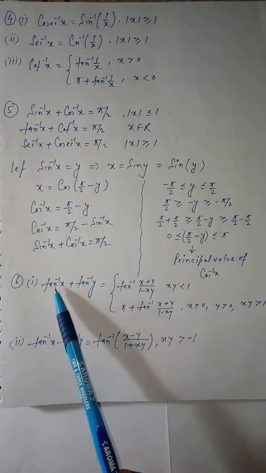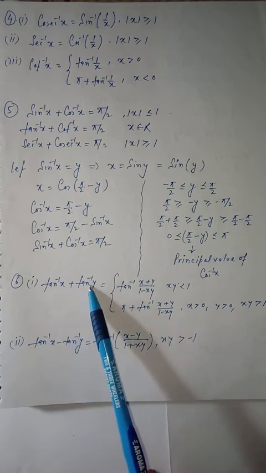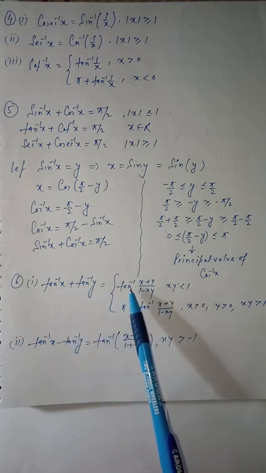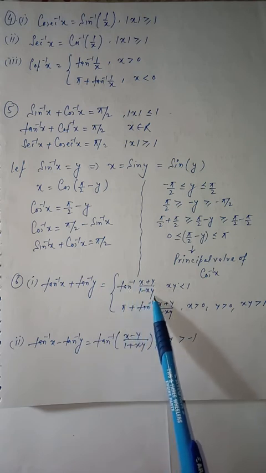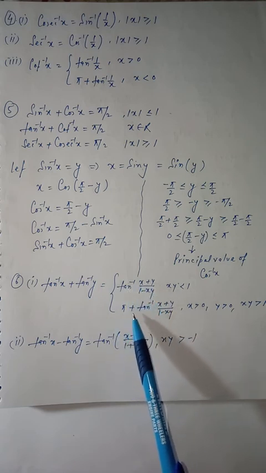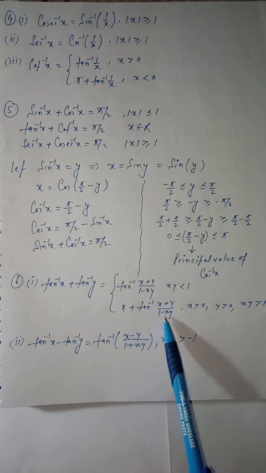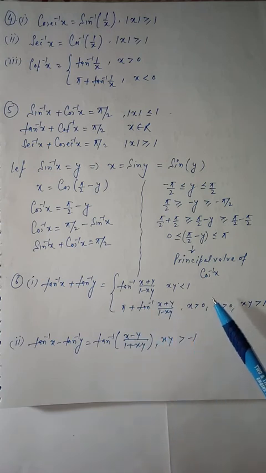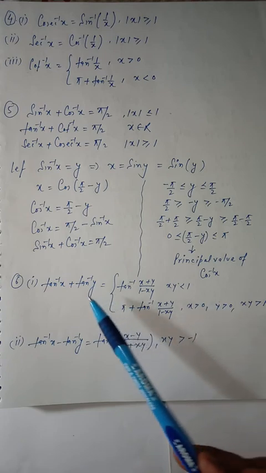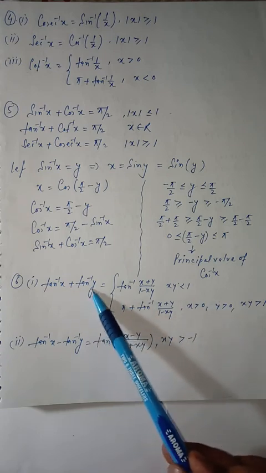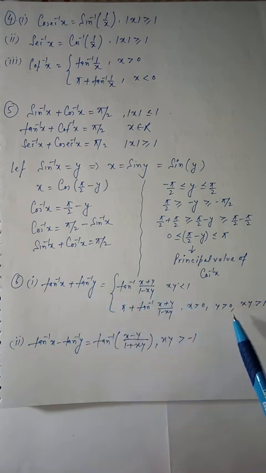So there are two formulas of tan inverse x plus tan inverse y. First is tan inverse of x plus y upon 1 minus xy, whereas second is pi plus tan inverse of x plus y upon 1 minus xy. We will see different conditions, whether their product is less than 1 or greater than 1.